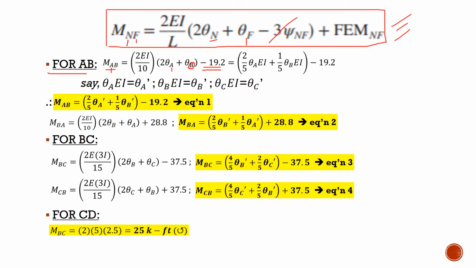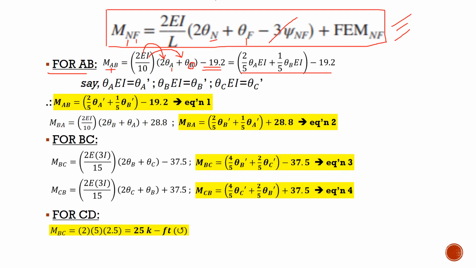Then we distribute the terms one by one, and we get this equation: 2 over 5 theta A EI plus 1 over 5 theta B EI minus 19.2.